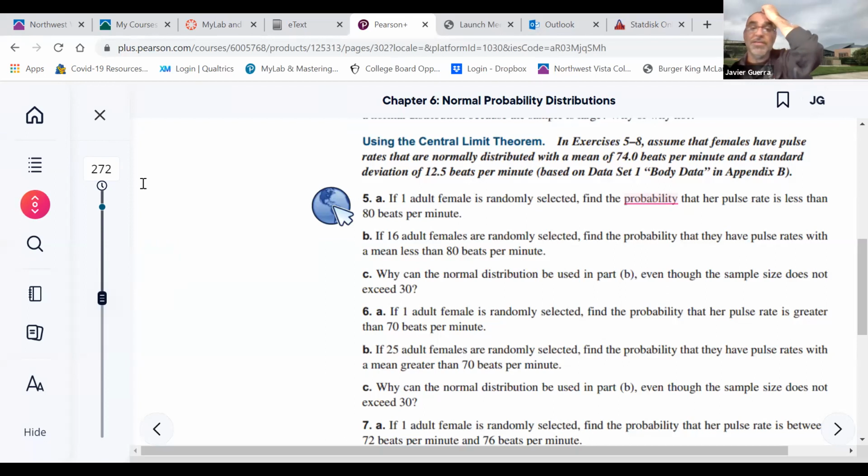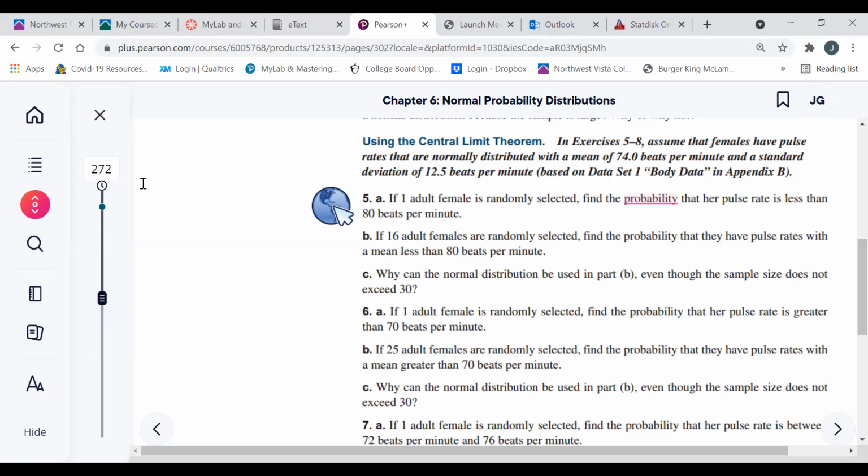Sorry, I'm making the sound of the heartbeat. Someone in my other class said, why is it that the heartbeats for women are higher than the men? Who can explain that? Because the men stress us out.